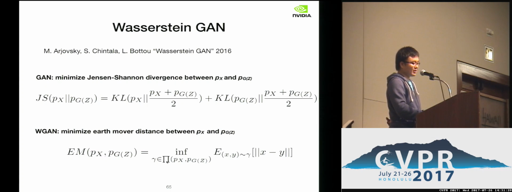You have two distributions, and you want to find a joint distribution. It's more like a mapping between samples from these two distributions. You want to search for a mapping such that you can align a sample from the data distribution with one from the model distribution in this L2 sense.